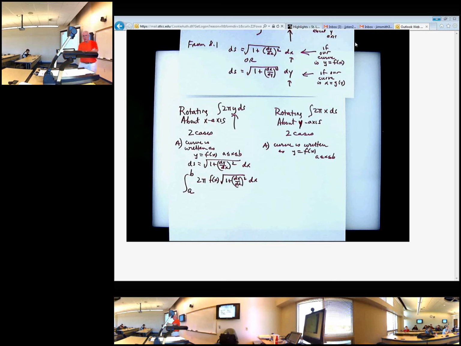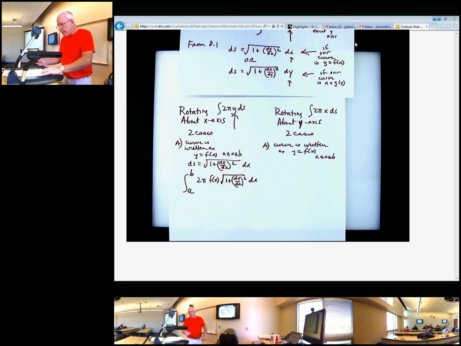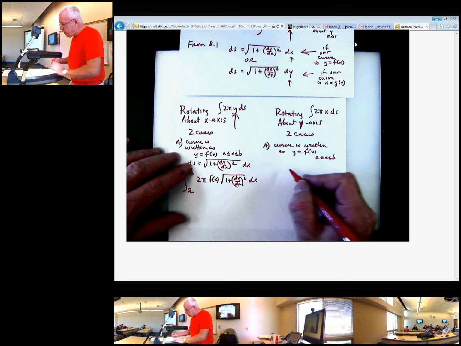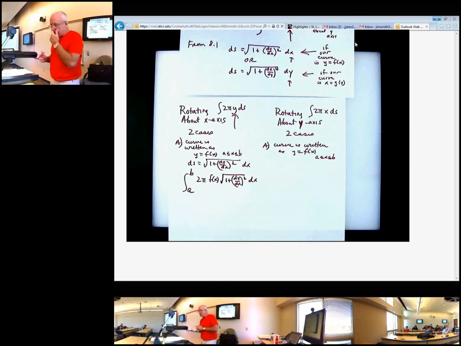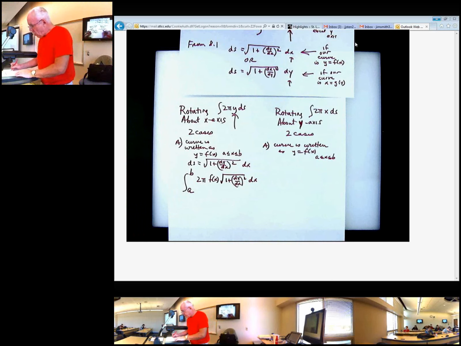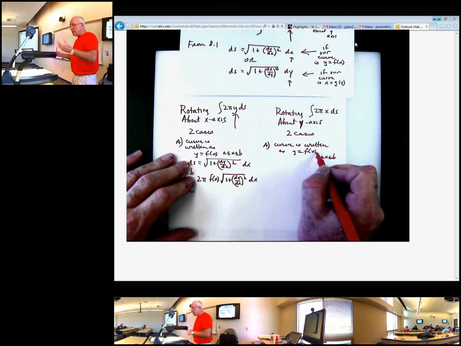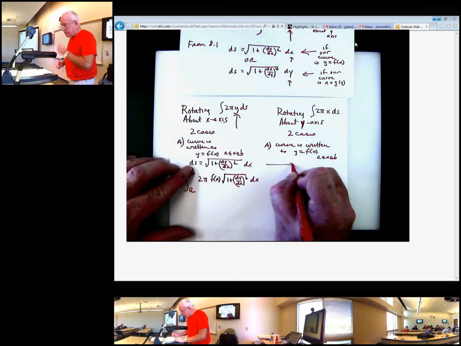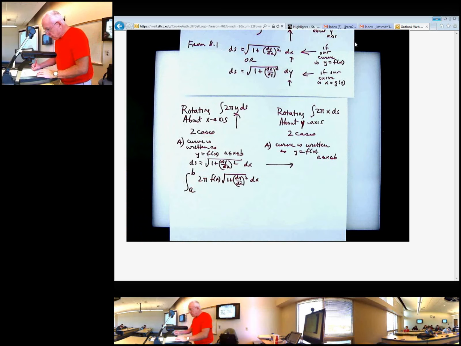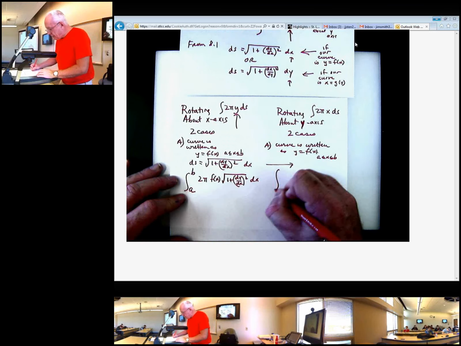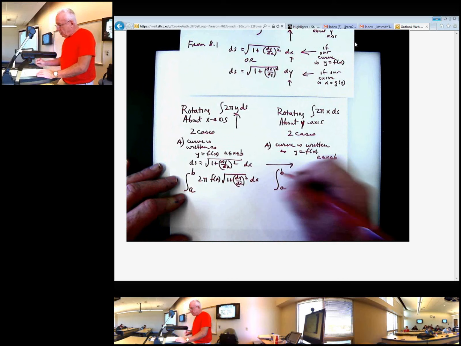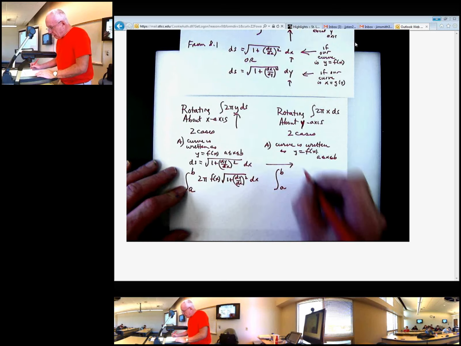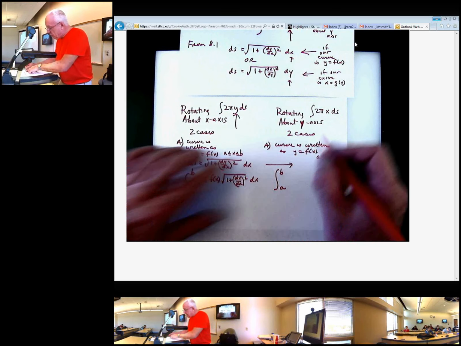Now, let's go back here to rotating about the y-axis. Our curve in this case is written as a function of x, so it's the same ds formula that we're using. So it's going to be the same thing where we're integrating from a to b. But this time, remember what our formula is.